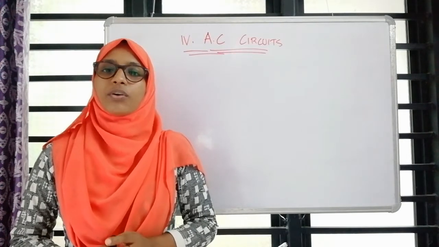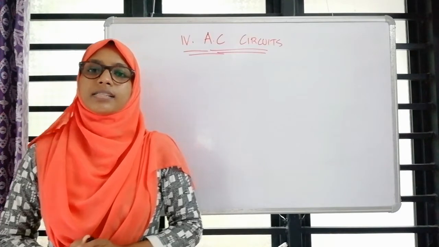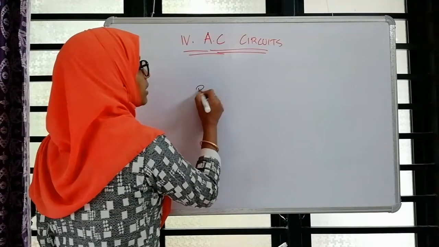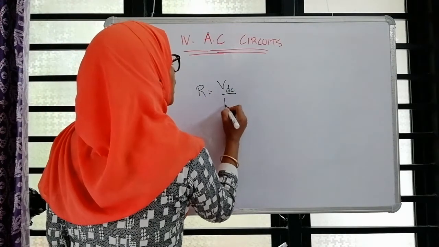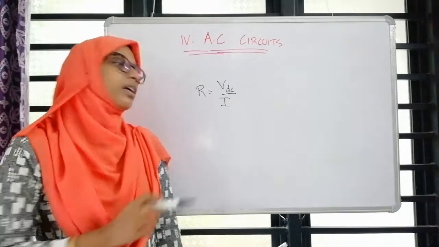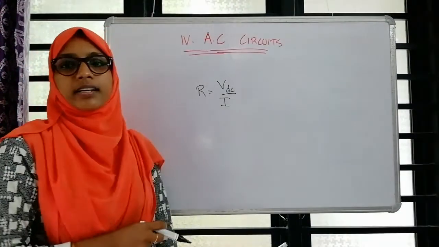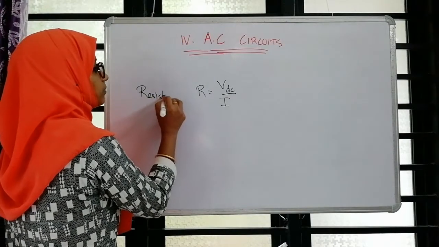So, in an ohmic resistance circuit or in a DC circuit, the resistance is the ohmic resistance, which can be obtained as R is equal to V_DC by I, that is the DC current which is passing through the circuit. But in case of an AC circuit, we have to replace this resistance with the impedance.